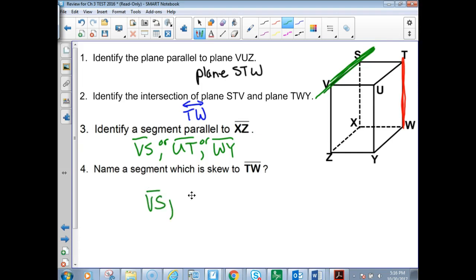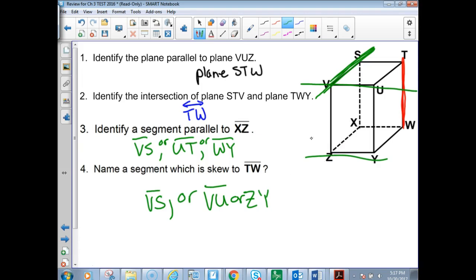So segment VS, or another segment that would never run into TW would be VU. Another segment would never run into that red segment back there would be ZY. Or, let's see, ZX. Never is going to hit it either.